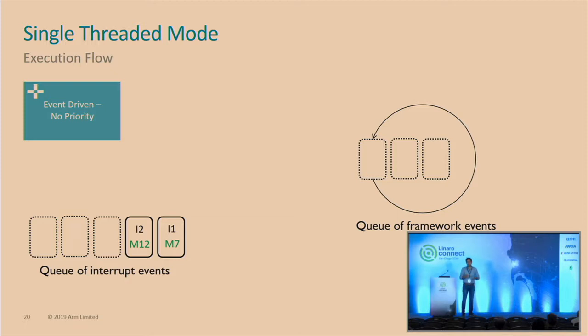Because over here, we are making no implicit assumption as to what needs to be done over here. Because from an SCP perspective, it might be a DVFS interrupt, it might be a thermal interrupt, you don't know what it is. So that's the reason why we are completing the framework events first and then moving to the next interrupt event generated by the bottom half, because there is no implicit ordering involved over here. So your power request and your clock request both have a same priority order. We are not going to move around that order at all.